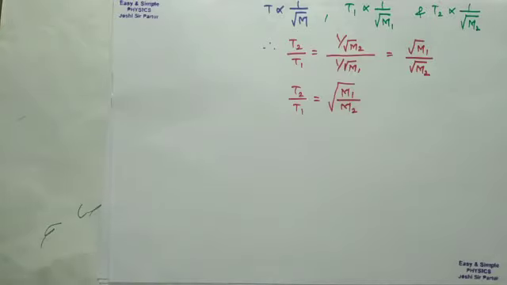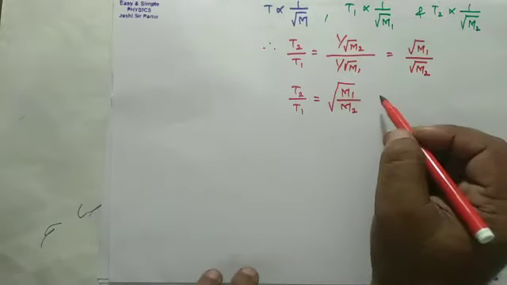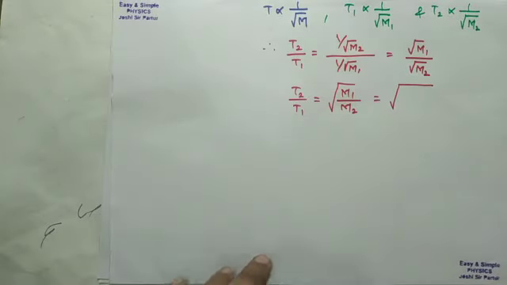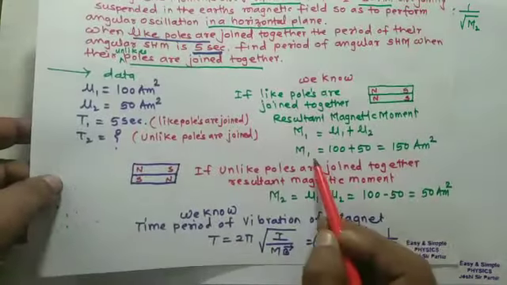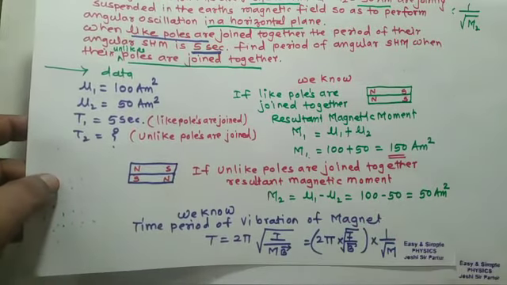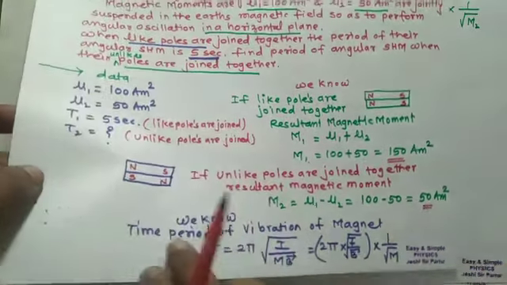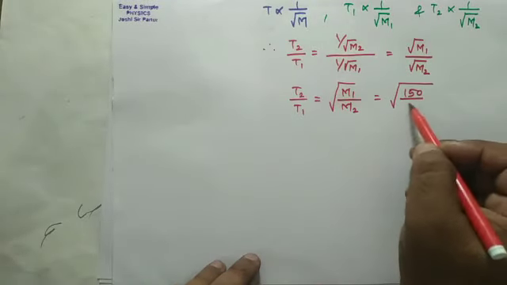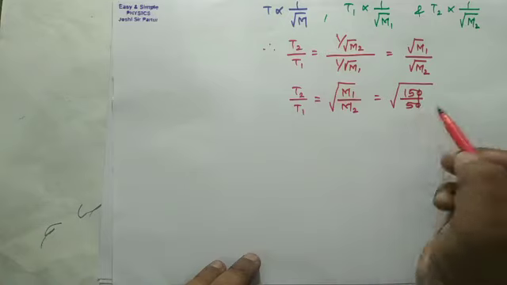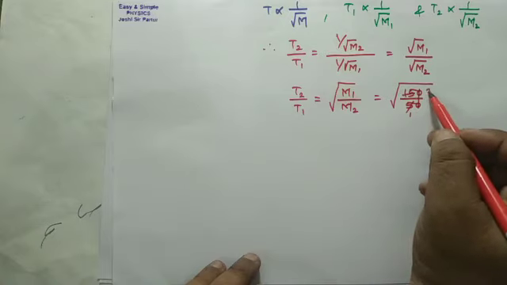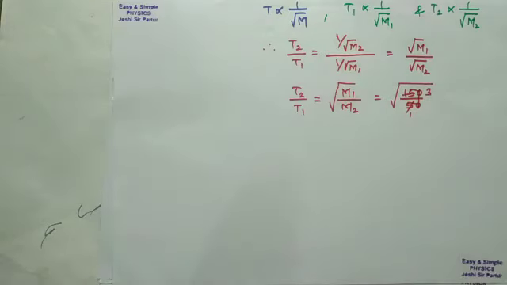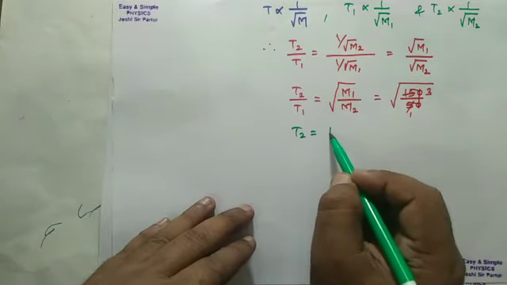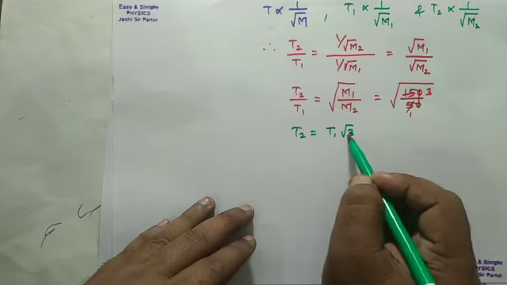Substitute the values. Here m1, for like poles, is 150 and m2 is 50 ampere meter square. So 150 divided by 50 is 3. So we can write T2 equal to T1 square root of 3.